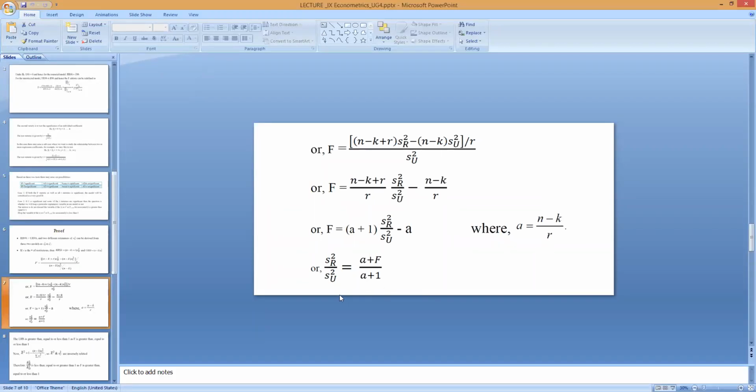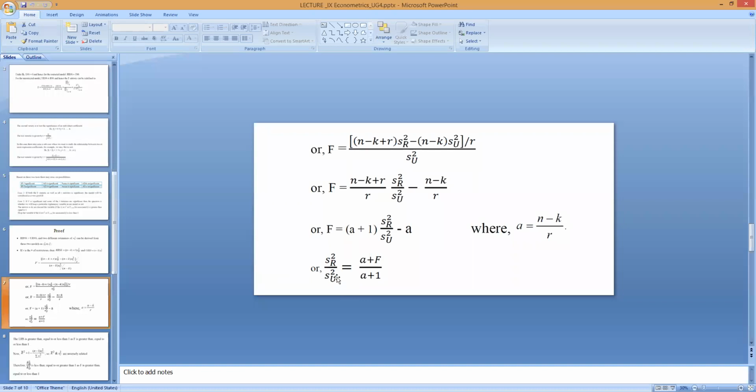Now, instead of SR square by SU square, if we consider RR bar square in the numerator and RU bar square in the denominator, since there is an inverse relationship between SR square and RR bar square, SU square and RU bar square, there will be the reverse.